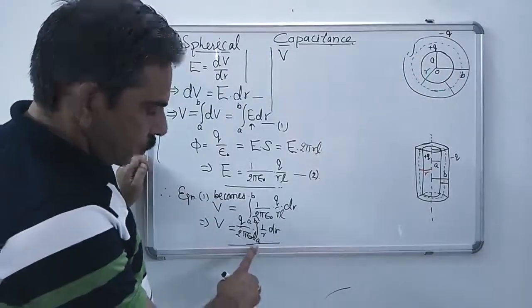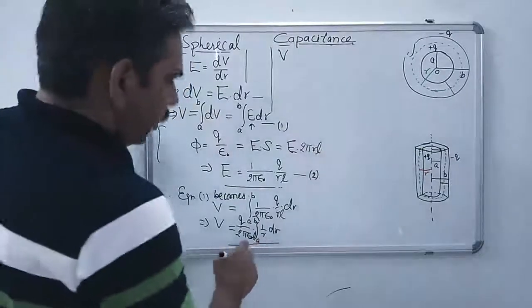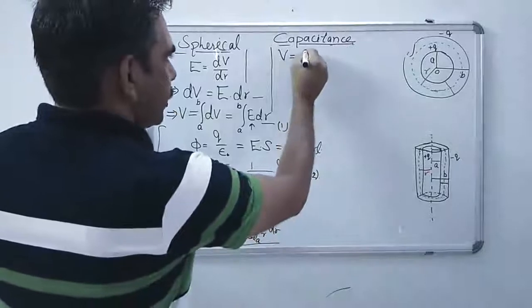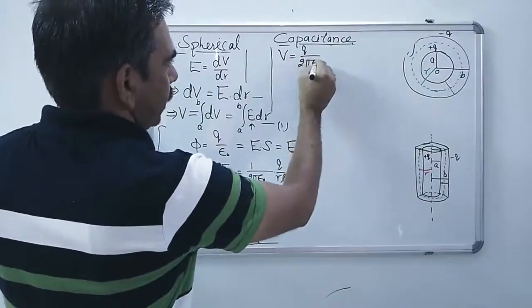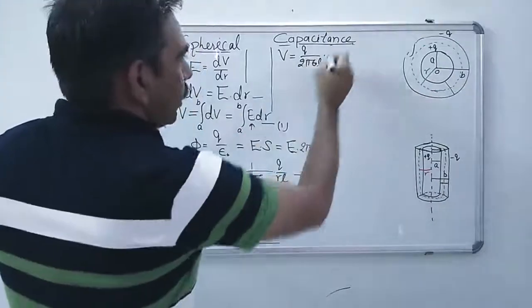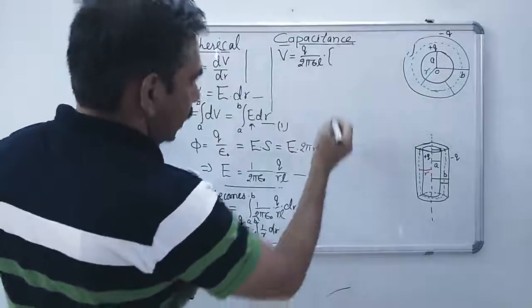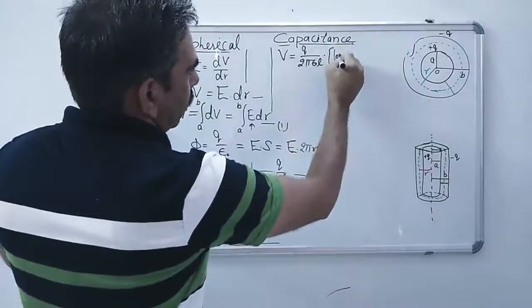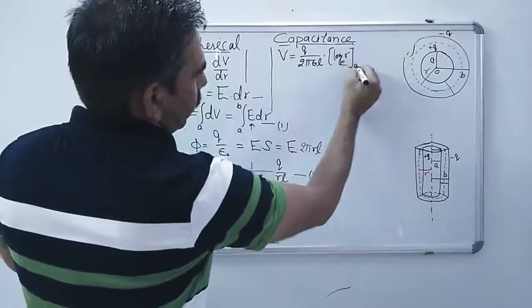Let us solve this. From here we have to integrate 1 upon r. It is an identity which says that q upon 2 pi epsilon naught into L into the integration of 1 upon r with respect to r, dr, is log of r to the base e, where the limit goes from a to b.